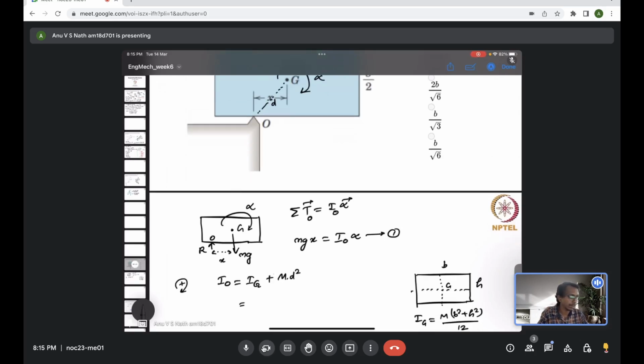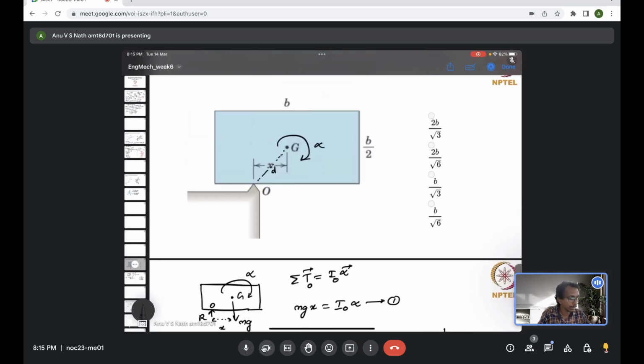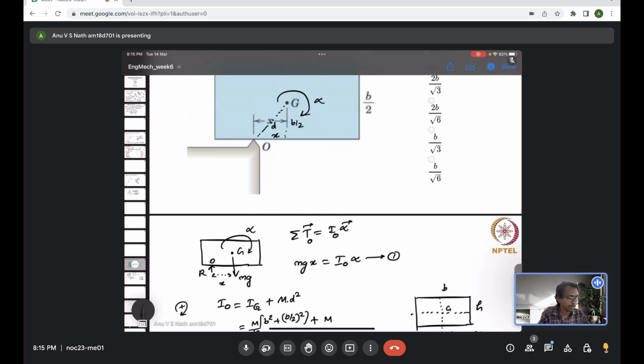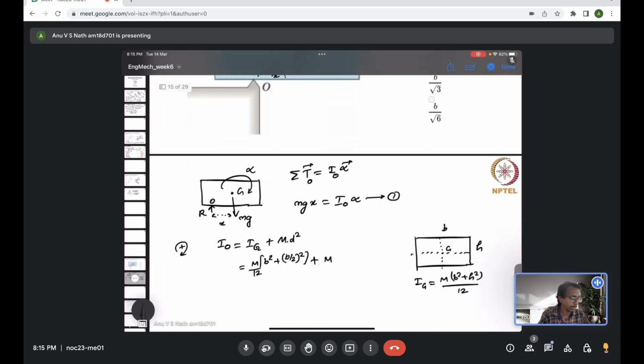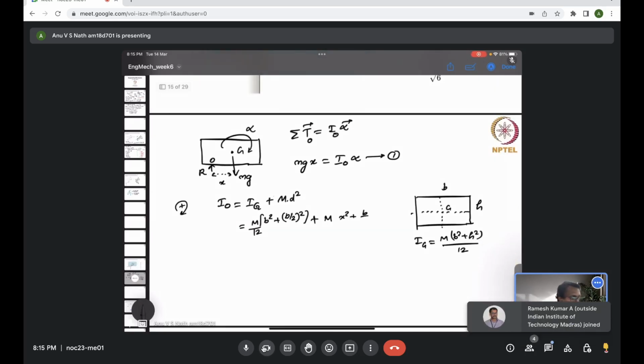So I_G is m times b square plus h square, divided by 12, plus m times d square. Now d you can see here is diagonal in a sense. This distance is b by 2 and this distance is x. So d square from Pythagoras theorem will be x square plus b by 2 the whole square.